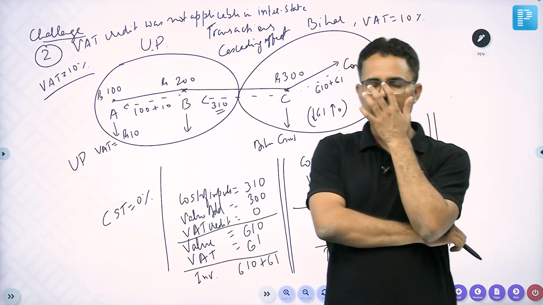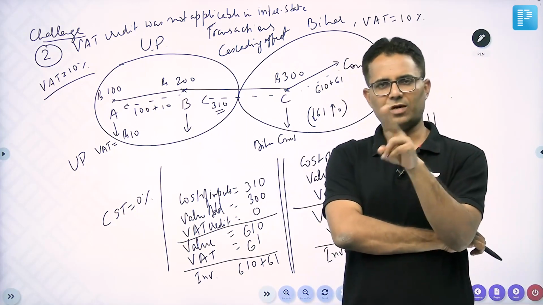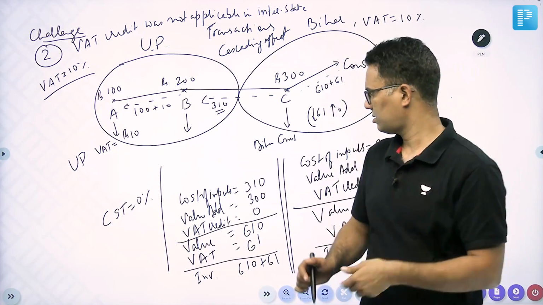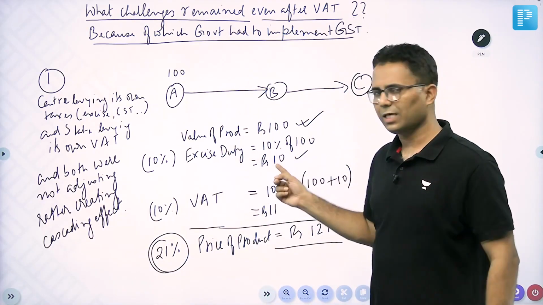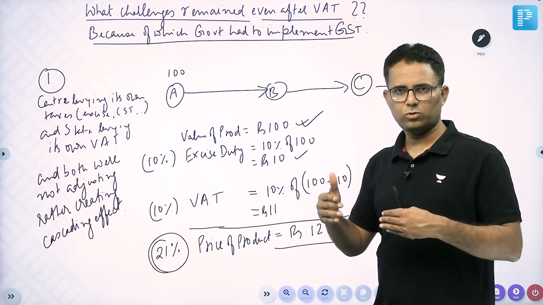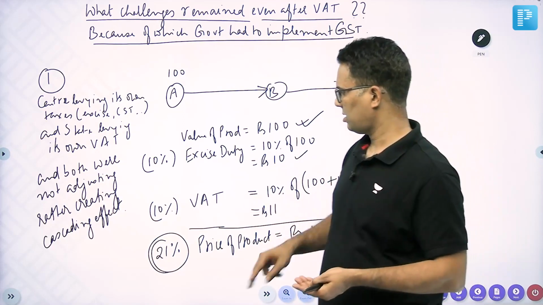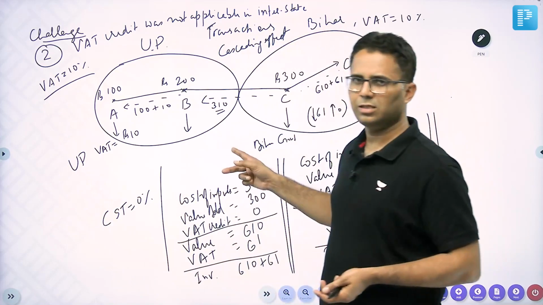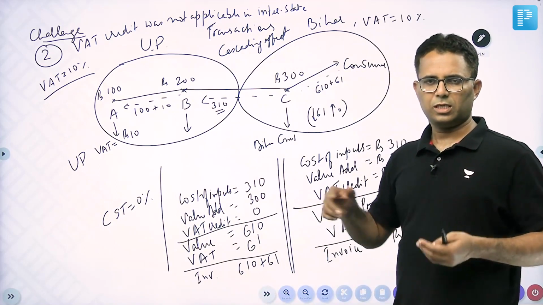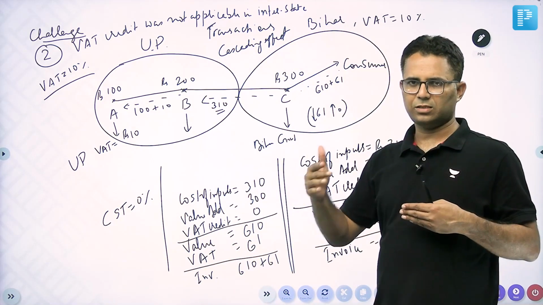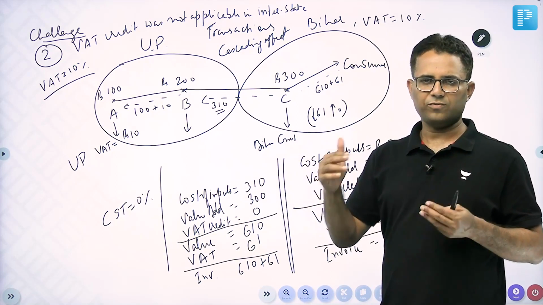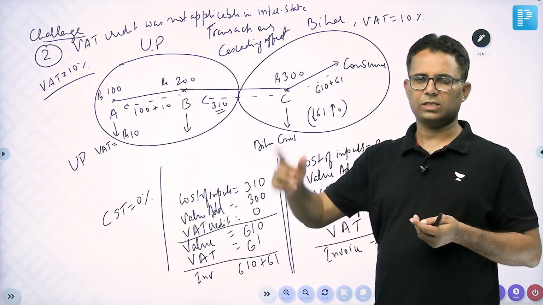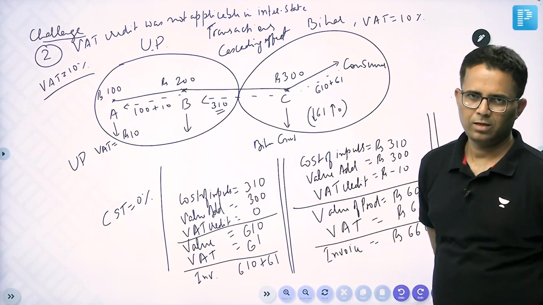So two major challenges we saw even after VAT. First challenge: the center imposing its own excise, the state imposing its own VAT, and both were creating a cascading effect. And the second challenge: in case of all interstate transactions, from one state to another, the other state is not giving credit of the VAT paid in the previous state, so again it is creating a cascading effect.